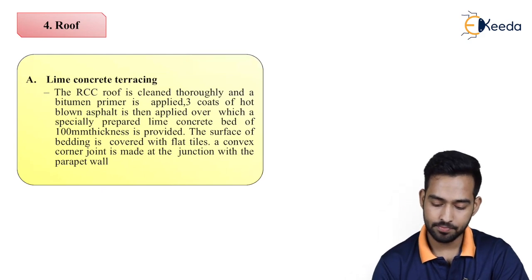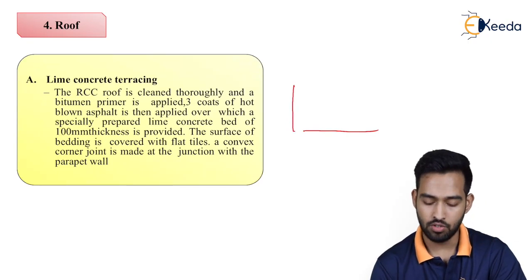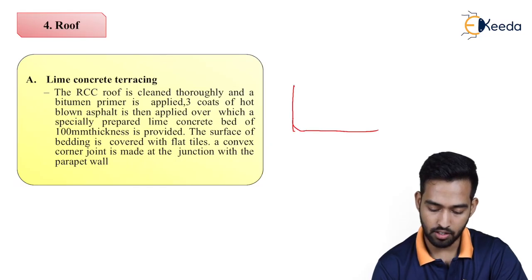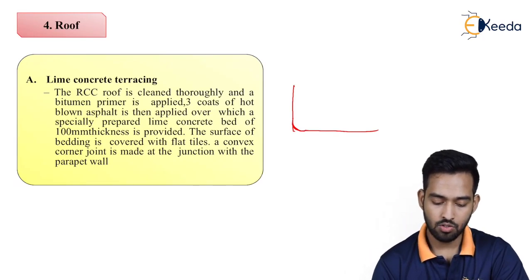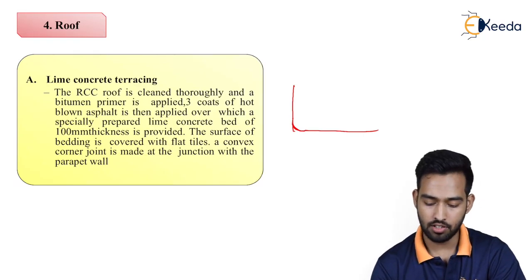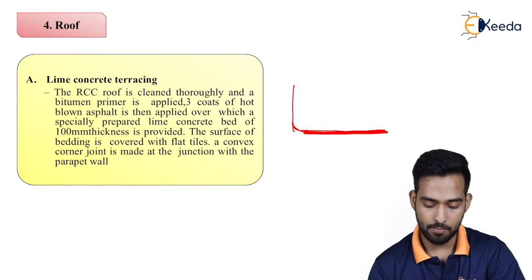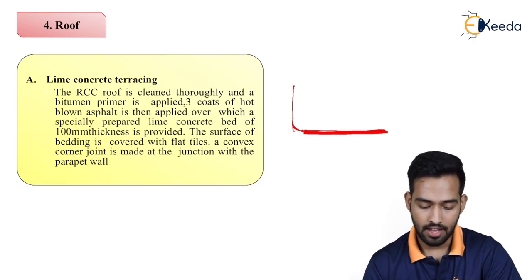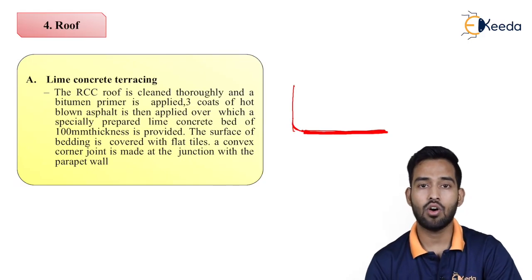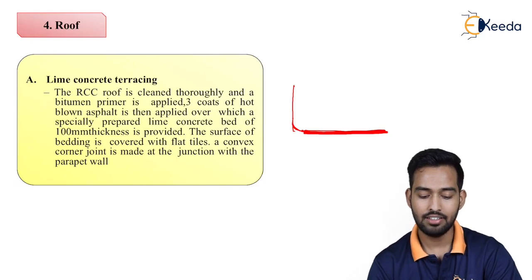So as you can see, whenever the surface of the floor is in contact with the wall, we have to provide the convex junction. Generally over the flooring we provide 3 coats of bitumen, over which we provide an asphalt, and then this is covered with a concrete of 100 mm thickness, over which we provide flat tiles.